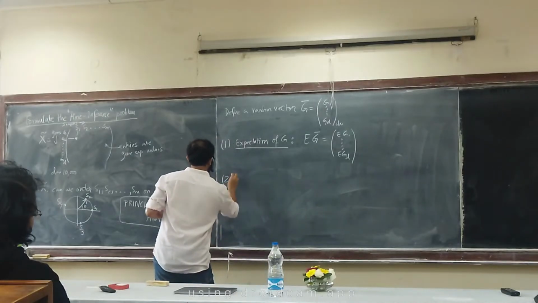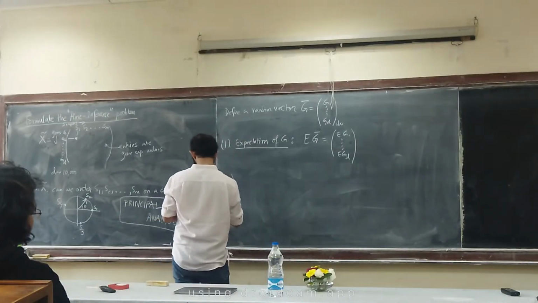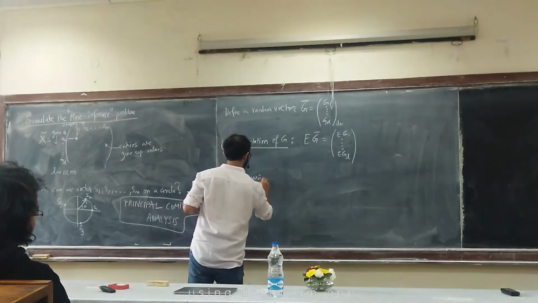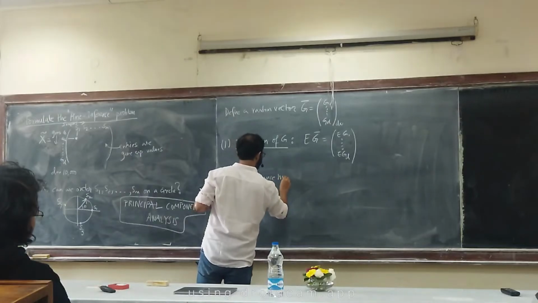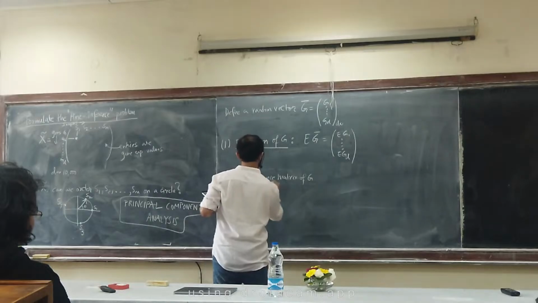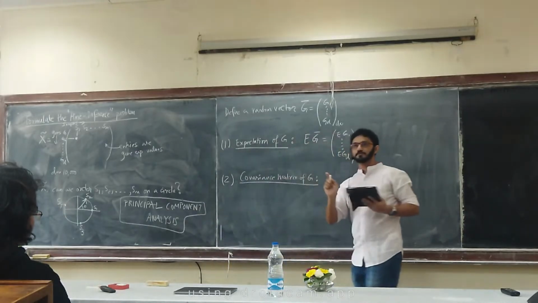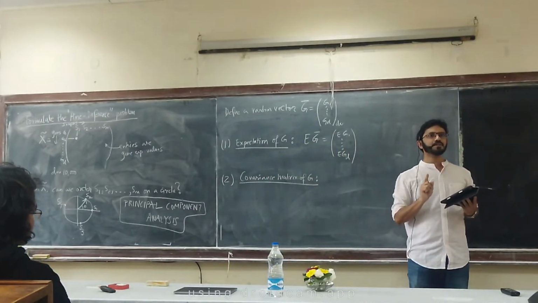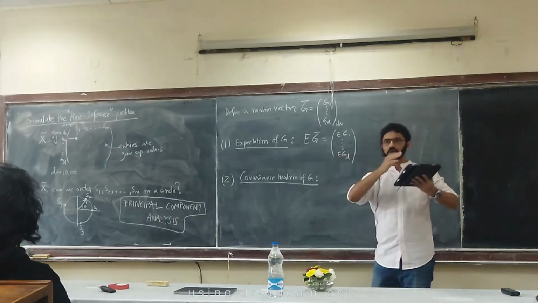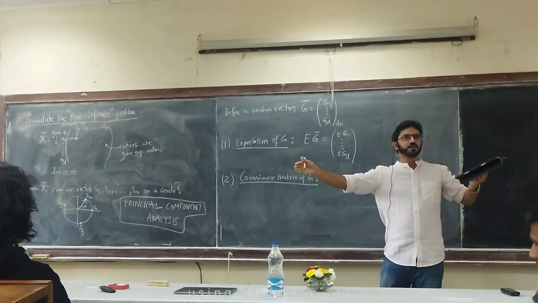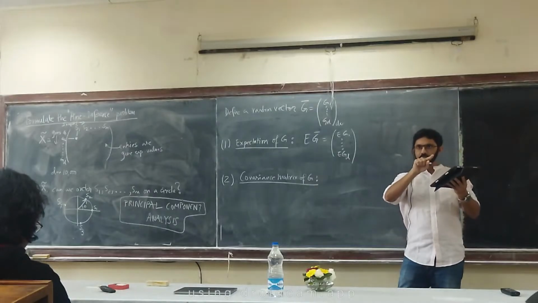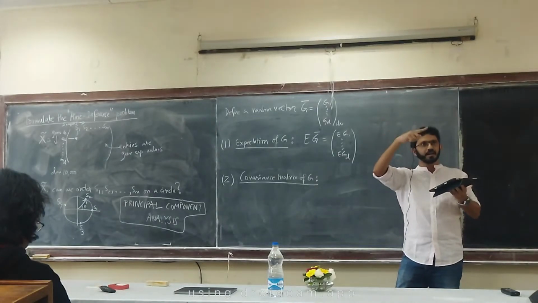The important thing that we now have to define is what is called the covariance matrix of G. I'm sure all of you have heard of the word variance, right? All of you should be familiar with variance. So what is variance? If you have a bunch of data, variance is you take each of the data points, subtract the mean, take the square, and add.